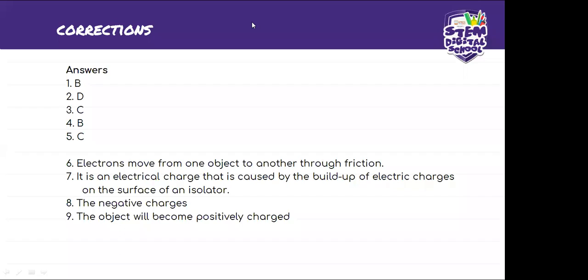And then number 9, the object will become positively charged.